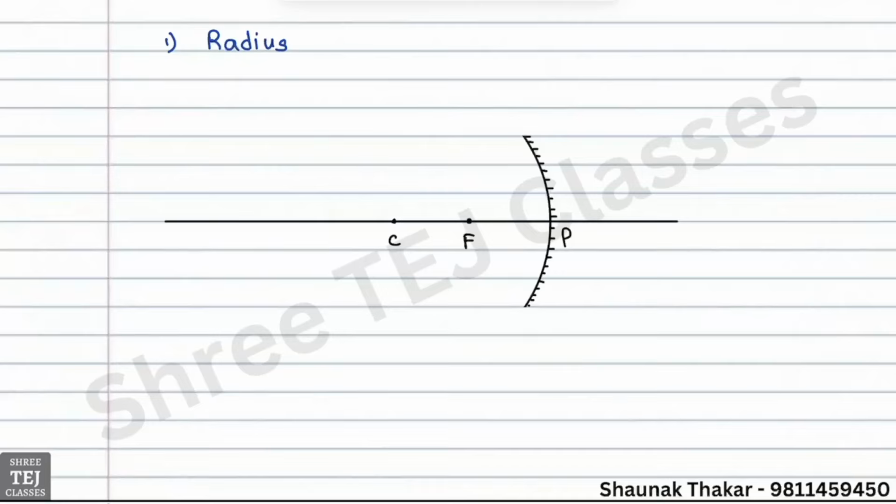In your compass, you should measure out a length of 6 centimeter. This will act as the radius of our spherical mirror. While starting the ray diagram, first and foremost, you should draw the principal axis.